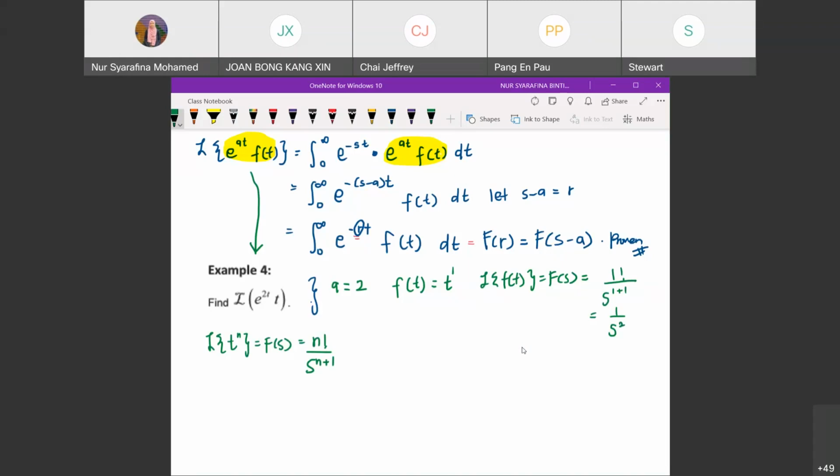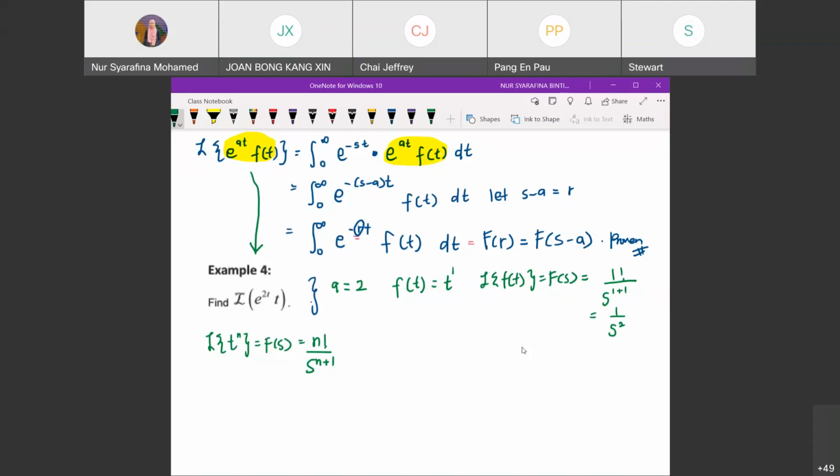Understand or not? Anyone has question on this? The function here is t. And you know that t here is to the power of 1. So from the table of transformation, if the function is t to the power of n, the transformation becomes n factorial over s to the power of n plus 1.